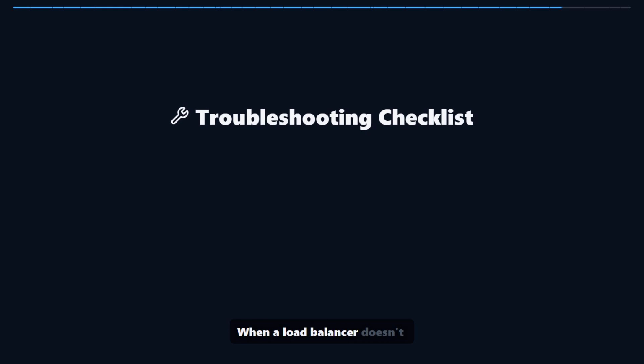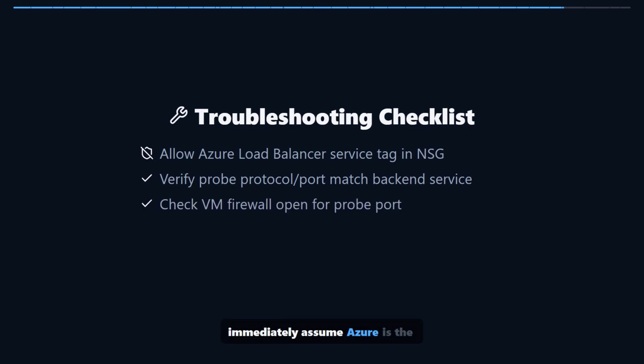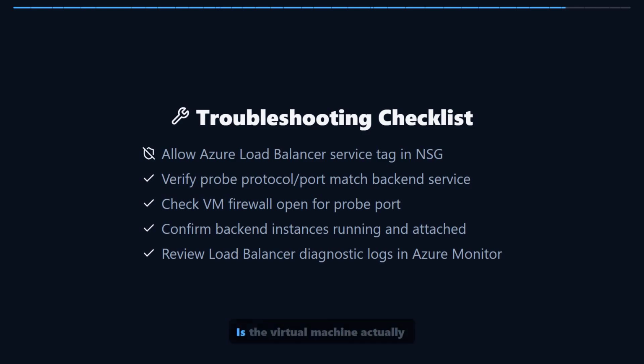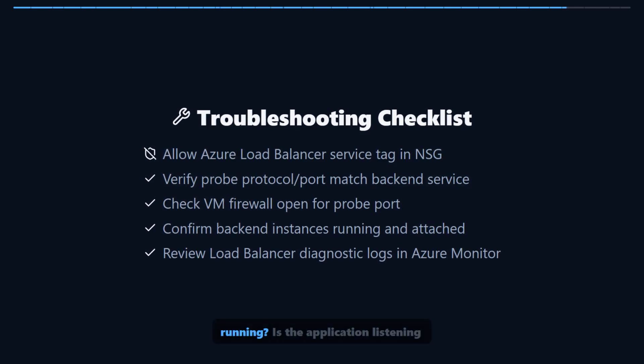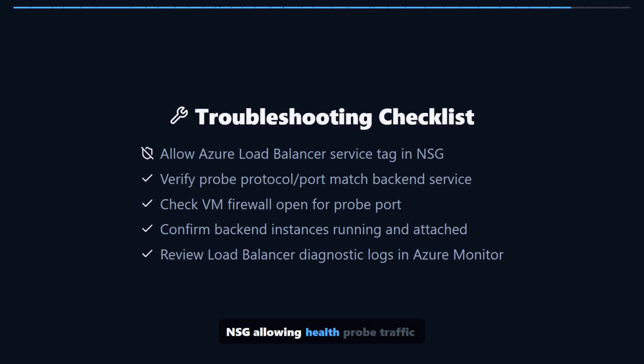When a load balancer doesn't appear to be working, don't immediately assume Azure is the problem. Start with the basics. Is the virtual machine actually running? Is the application listening on the correct port? Does the health probe report the backend as healthy? Is the NSG allowing health probe traffic by using the Azure Load Balancer service tag?